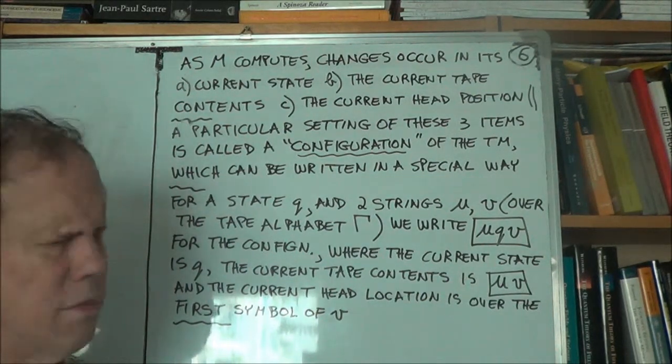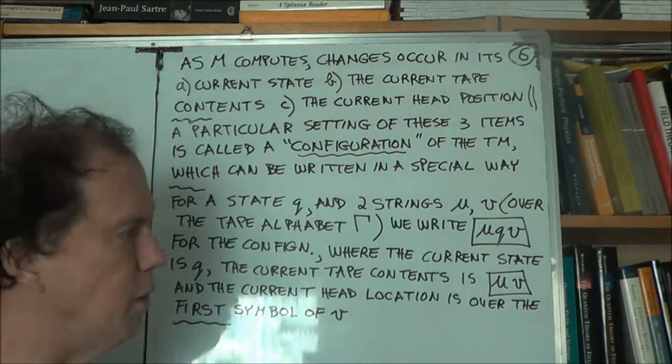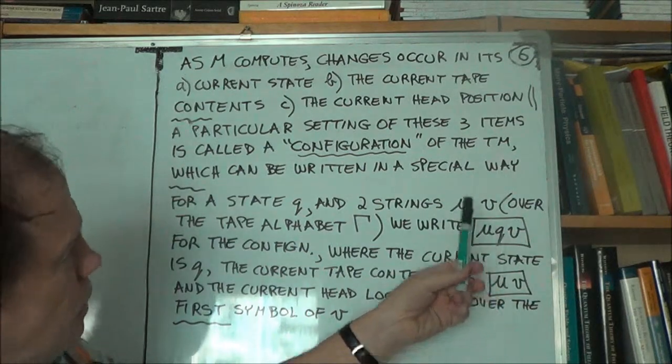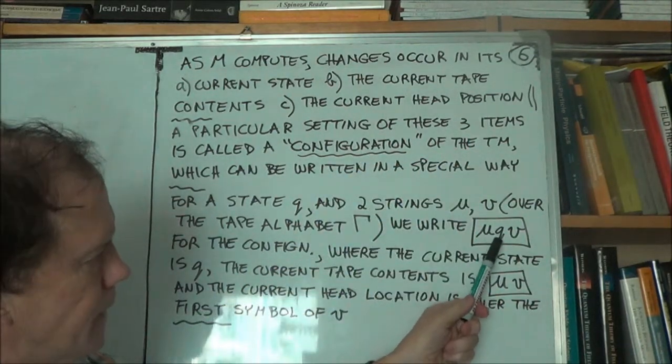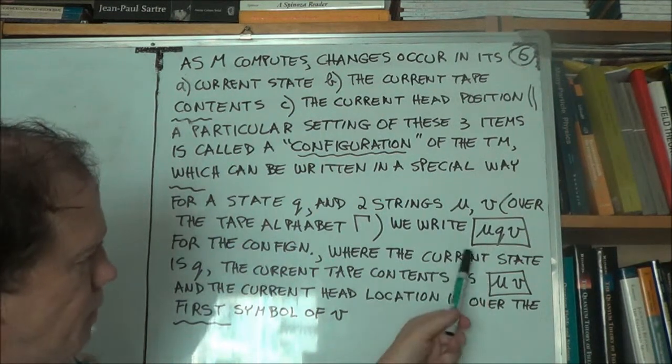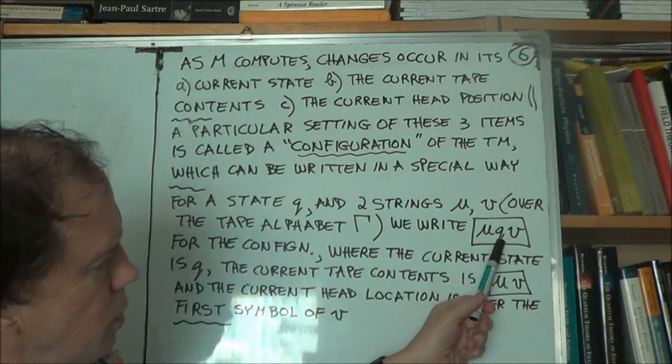And you may ask, well, it seems a bit strange. Why do you split it up? Well, because of the third thing. The third thing is the current head position. By convention, the head position you find from where the Q is positioned.